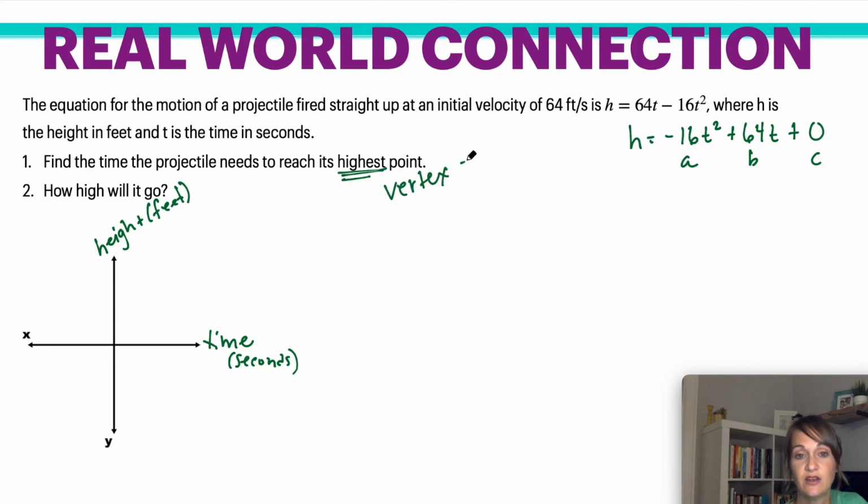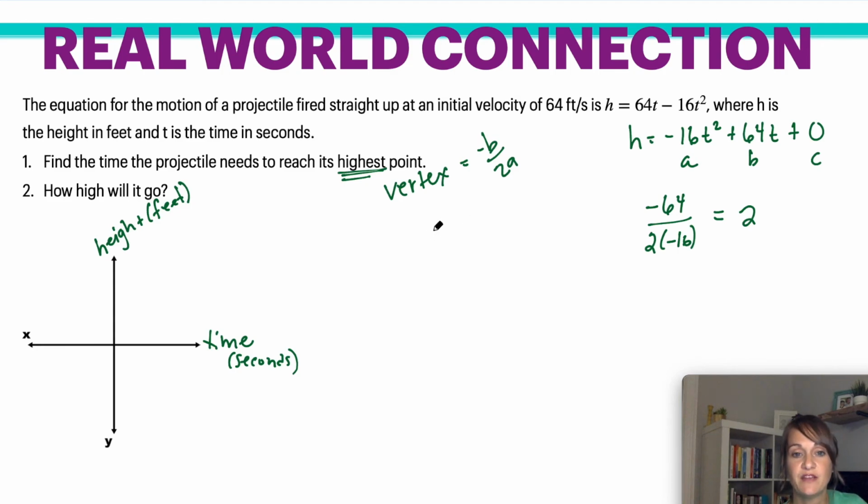And again, remember the vertex, negative b over 2a. So we'll get negative b over 2 times a. So negative b divided by 2 times negative 16, which is going to give me a 2.